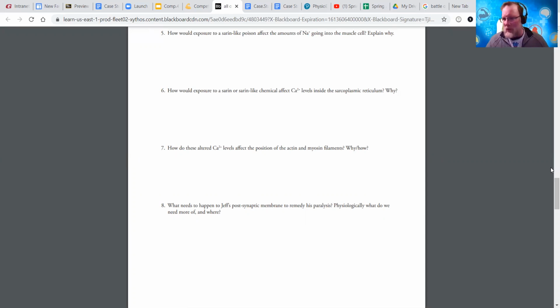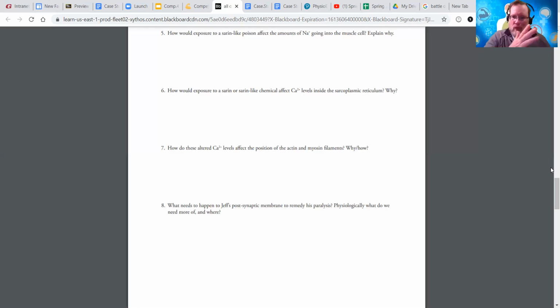And at that point, we're going to see troponin and tropomyosin connecting with that calcium and enabling the binding sites for myosin to be exposed. So when acetylcholine is released, calcium is released, and actin and myosin are bound together, causing a contraction.